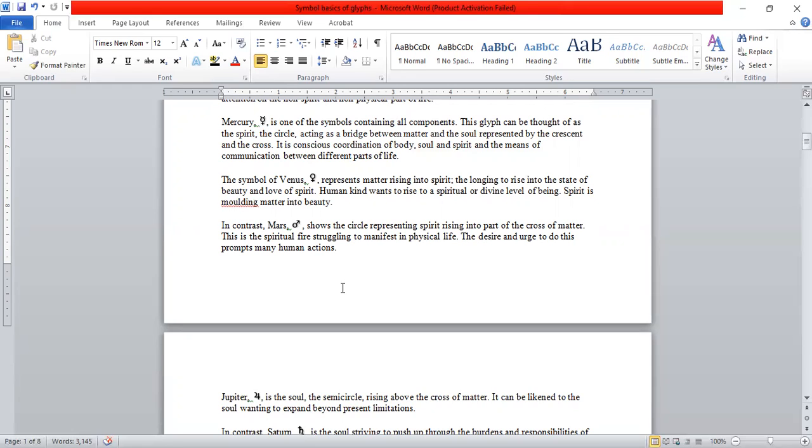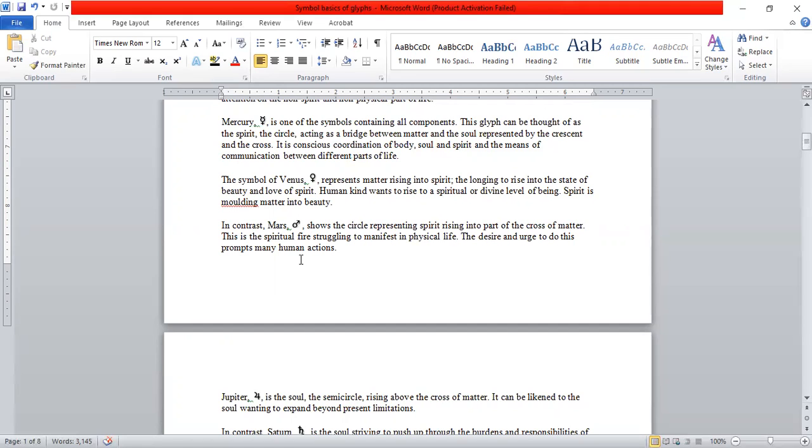Okay. In contrast, Mars. I must say the arrow should just be a cross. It was originally a cross, on the upper part, like Venus upside down, but it's been made into an arrow to make it more masculine or whatever.